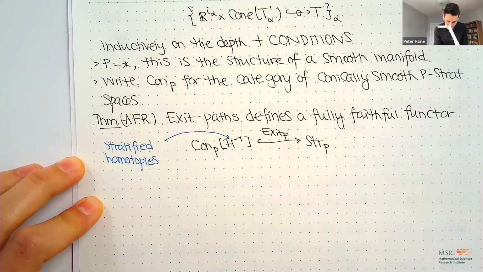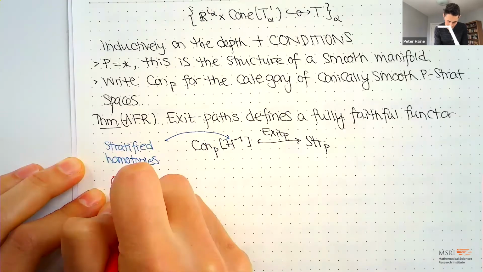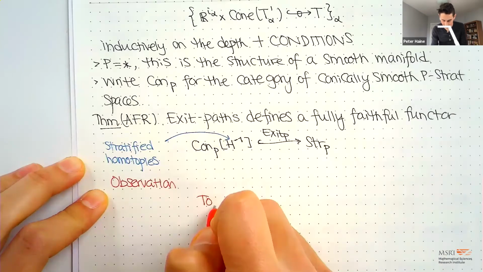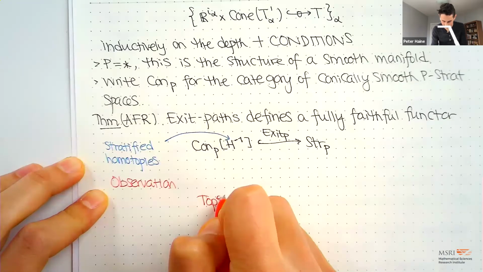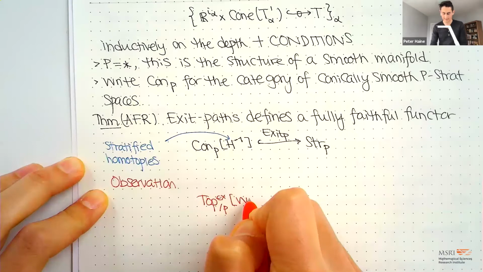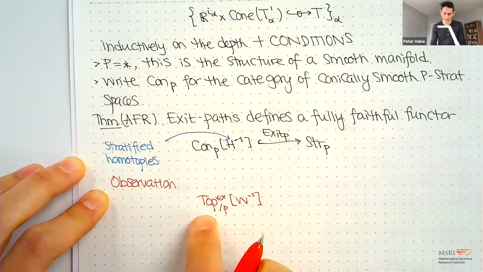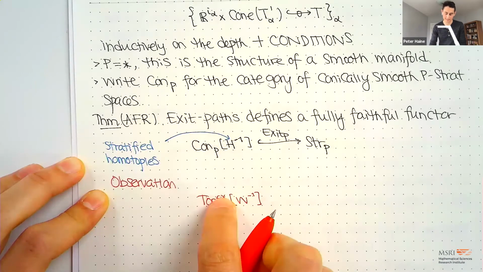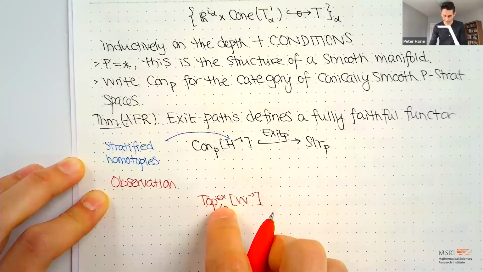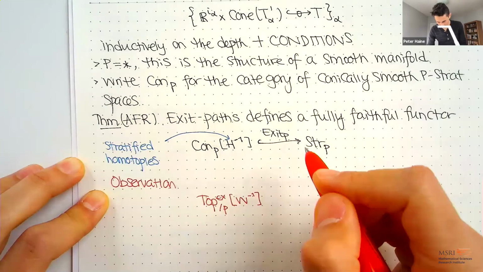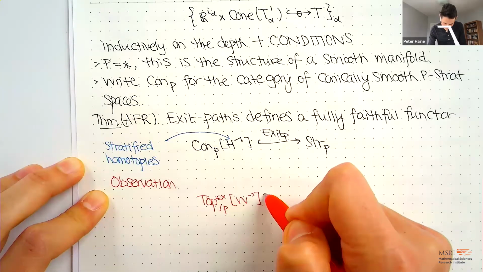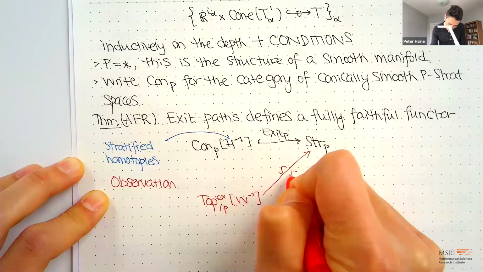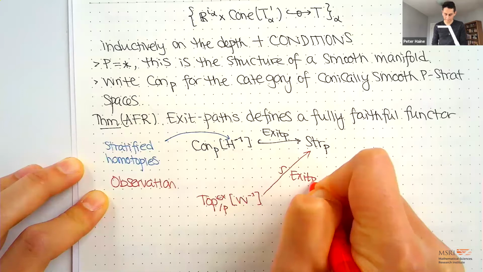So here's an observation: if we look at this category of P-stratified topological spaces where the Sing_P construction is a quasi-category, and we invert this bigger class of weak equivalences, well, by the theorem that I said before, this exit path construction is an equivalence here.